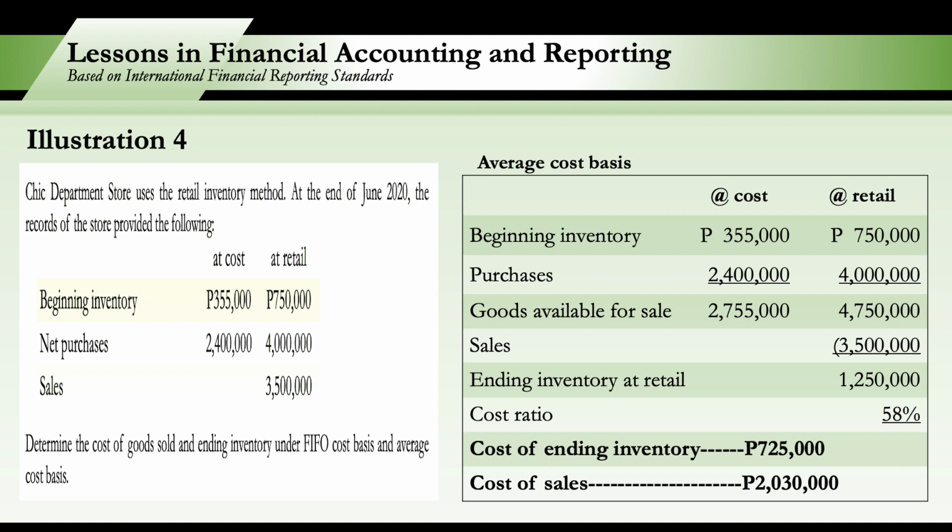Next, to determine our cost of sales or cost of goods sold, we deduct 725,000 from our goods available for sale at cost, which is 2,755,000. Then our cost of sales is 2,030,000.